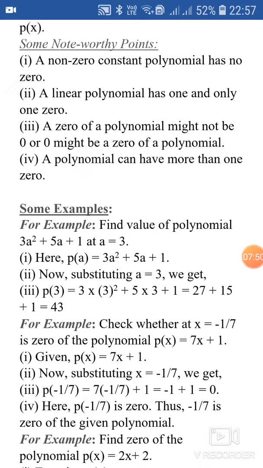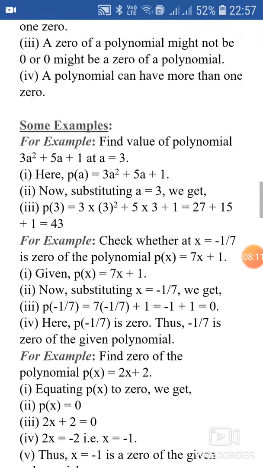Please try to understand this one. That is, the zero of a polynomial might not be 0. Every time it is not necessary that the answer will come 0. And a polynomial can have more than one zero. Now we will do some examples related to this.